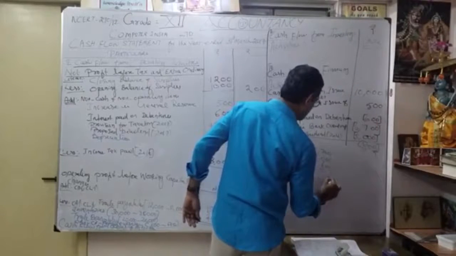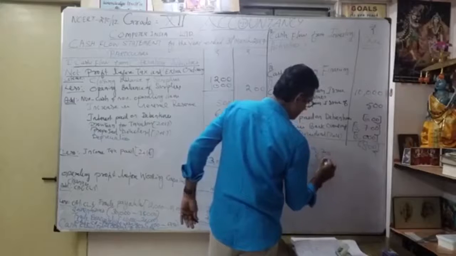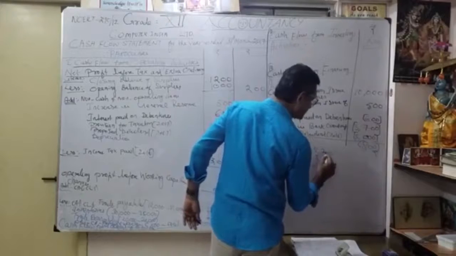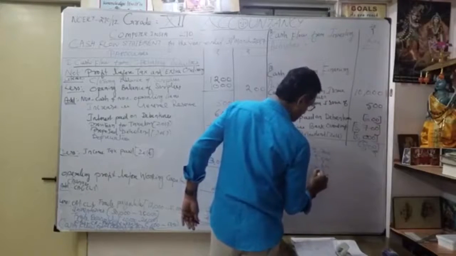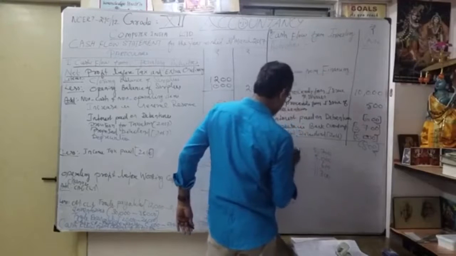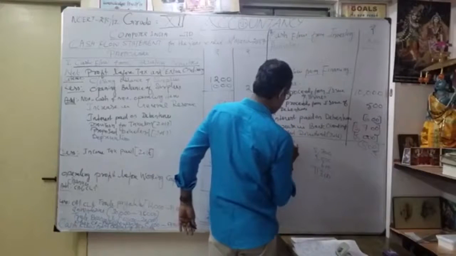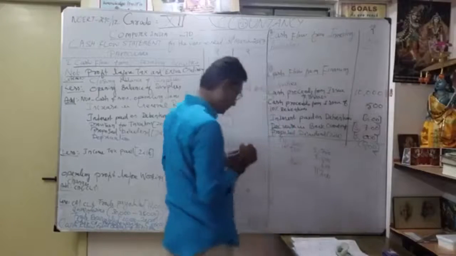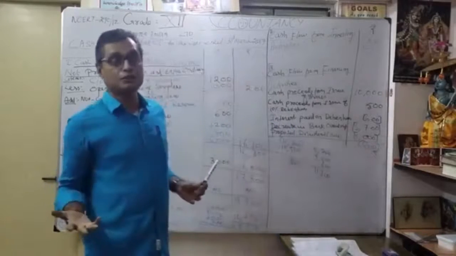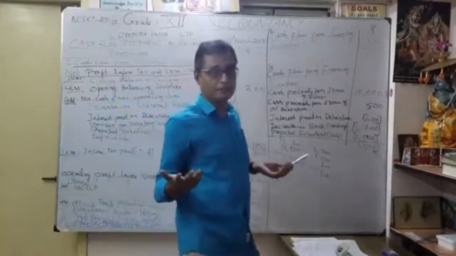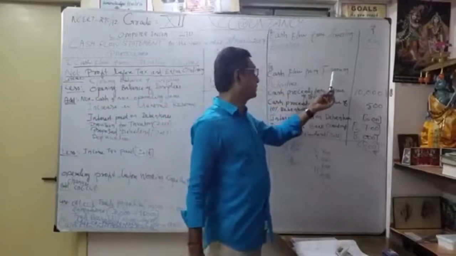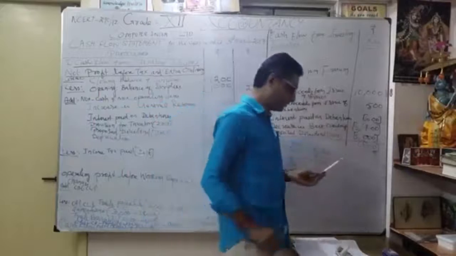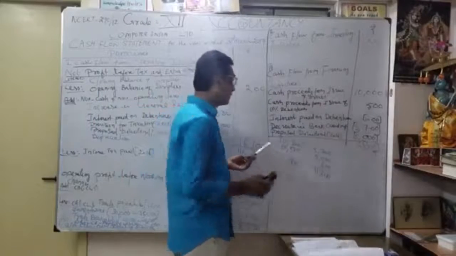So how much? 11,300. So what is my answer? 800 within the bracket. That means what? Cash used. Cash outflow is more than cash inflow under financing activity. You understood the calculation? Now you know how you got 800.